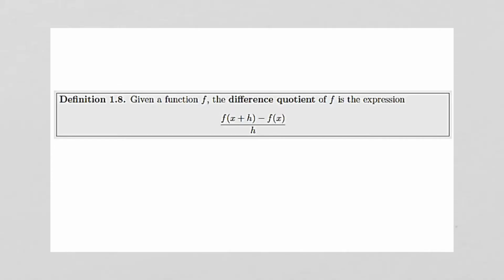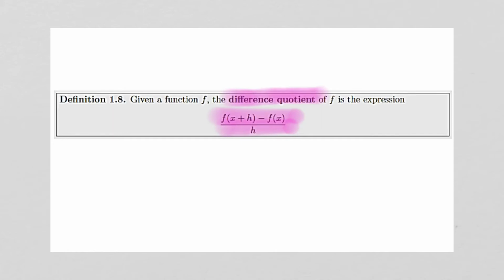Okay, the next thing we learn in 1.5 is what is meant by a difference quotient. The difference quotient is this formula right here, where you find the function f of x plus h, meaning you substitute x plus h for x, then you subtract f of x all over h, and then you simplify by combining like terms and canceling.